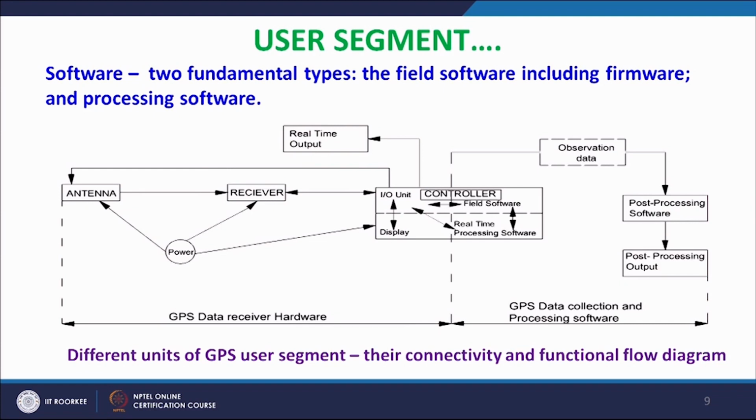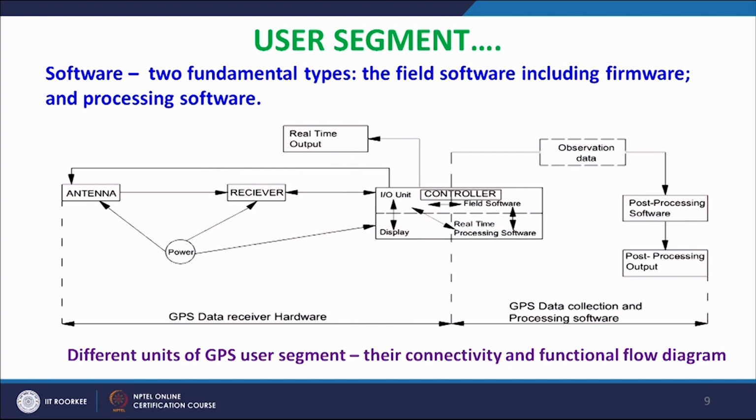Now after the receiver receives the signal from the antenna, it will pre-process as well as process the data, and after processing, it will either store the data itself or send the processed data to the controller. Now the controller, if it contains some real time processing software, will process the data received from the receiver and provide the real time output.